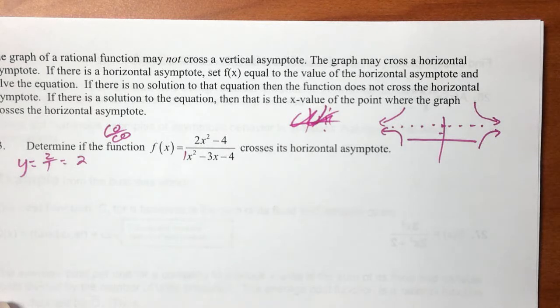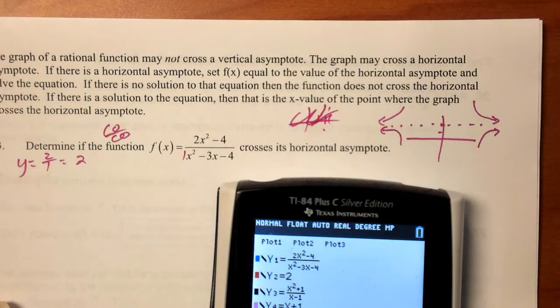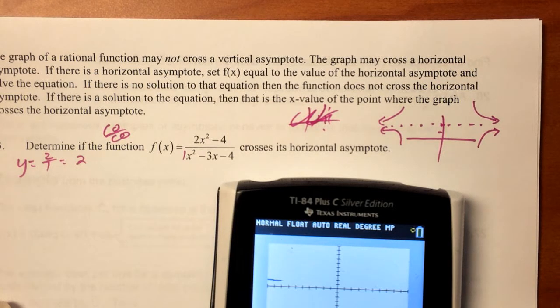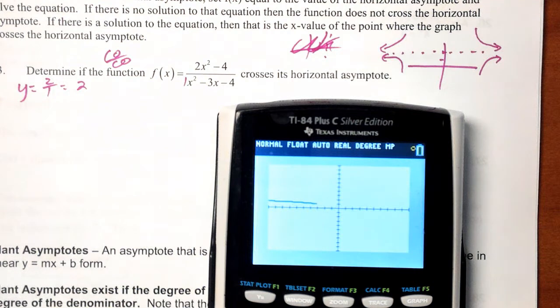And sure enough, if I graph these, so I turn on the (2x squared minus 4) over (x squared minus 3x minus 4), and I draw the horizontal line y equals 2, and I graph those two. There's our rational function.